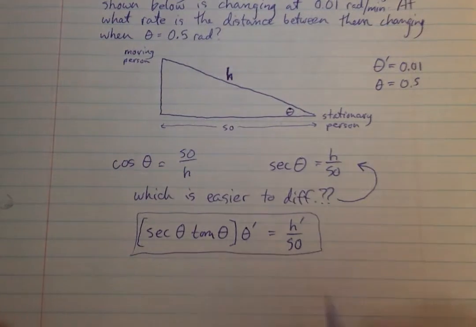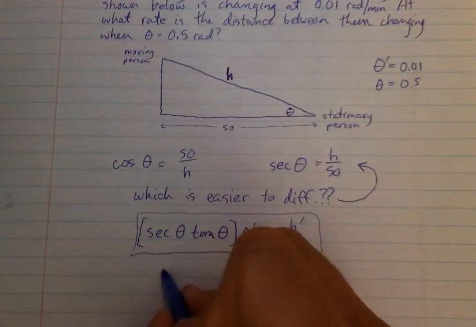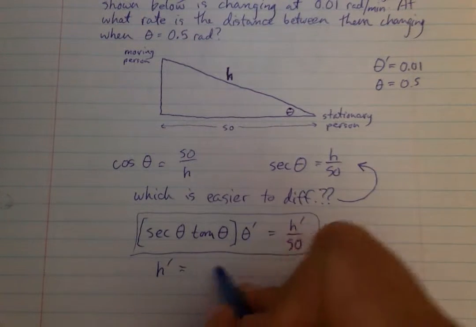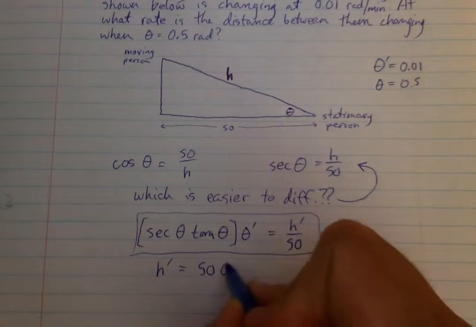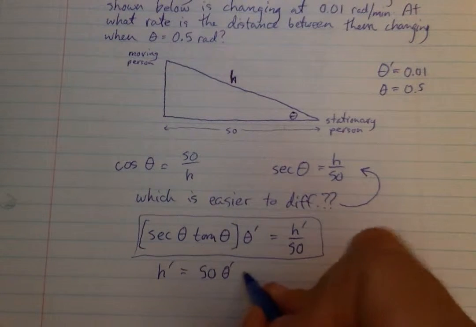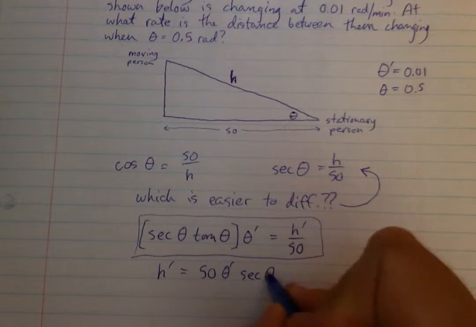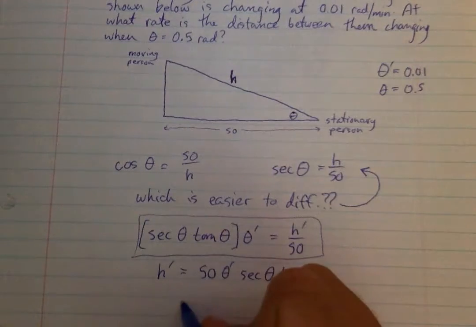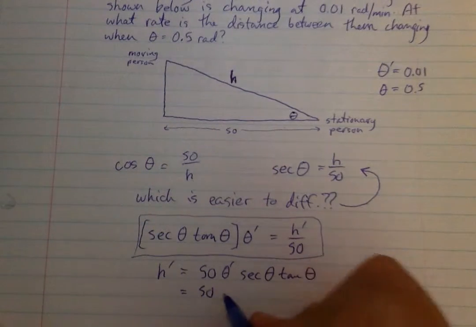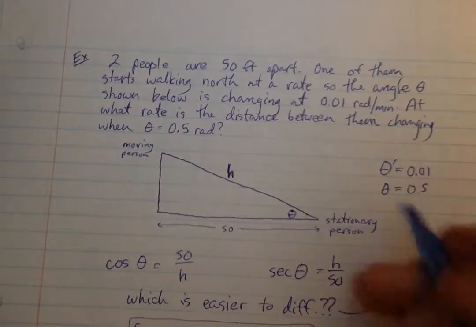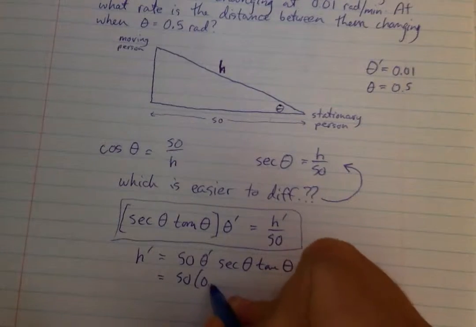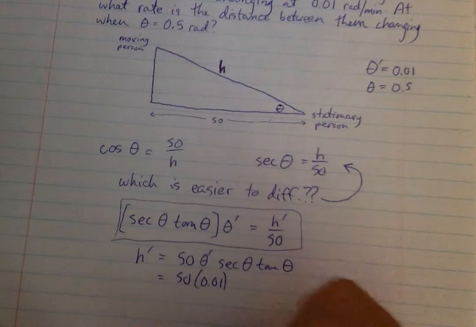So at this point, what are we interested in? We're interested in h prime. So let's just rearrange, bring the 50 over here. So 50, and then I'm just going to put the theta prime times secant theta tangent theta. What do we plug in? Well, we know that's 50. Theta prime was the rate of change, which is a constant, 0.01.